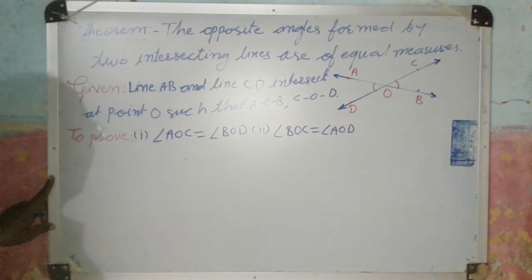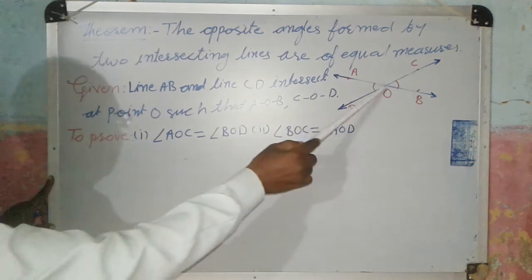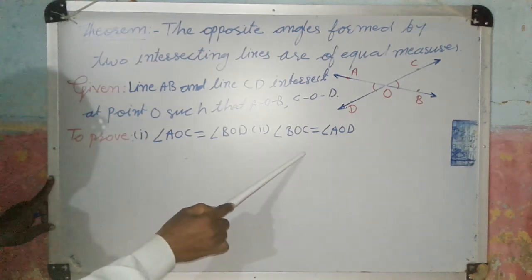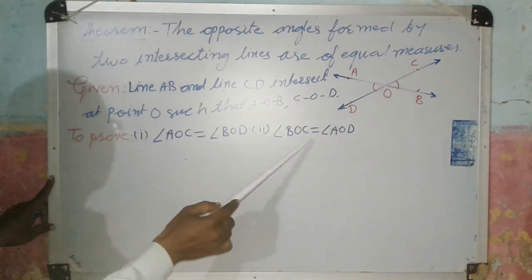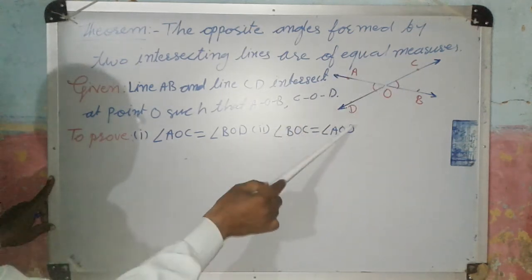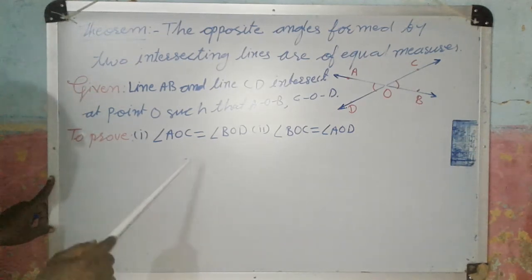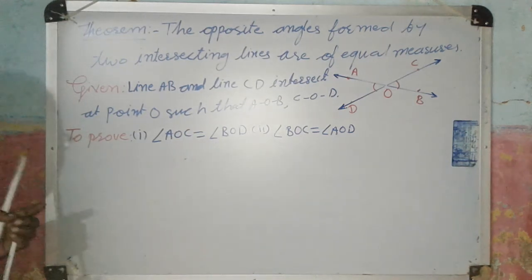Now here we get two pairs of opposite angles. First pair is angle AOC and its opposite angle BOD. The second pair is angle BOC and its opposite angle AOD. So we have to prove that these opposite angles are of equal measure.